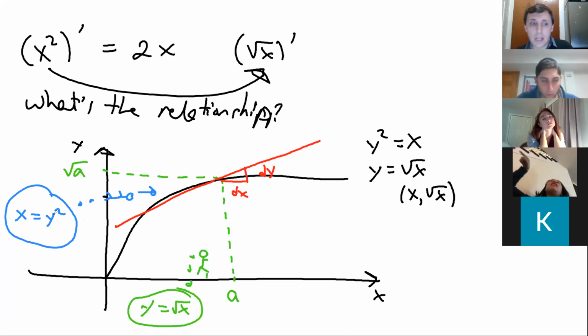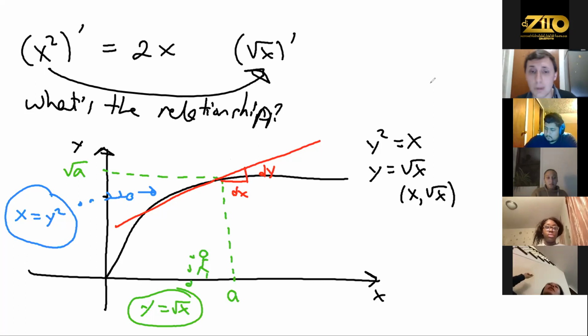Good. Now, tell me, please, what slope does he measure when you look at this line? When the blue guy looks at that line, what slope does he measure, please? Do you see that he's dealing with a square function? You agree? The root function and the square function are the same graph, just viewed from different perspective. That's what I'm trying to say. Now, the blue guy, what slope does he measure?